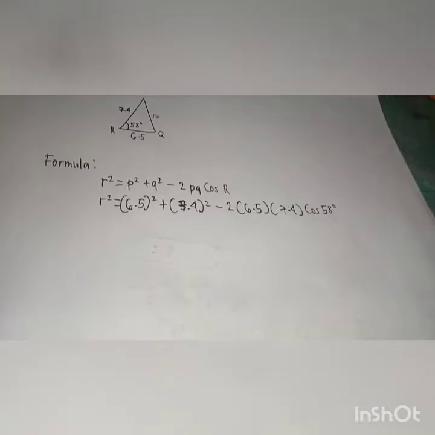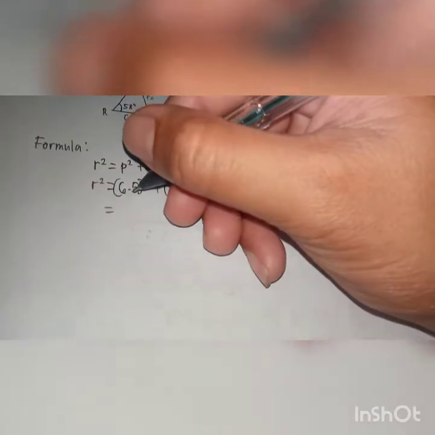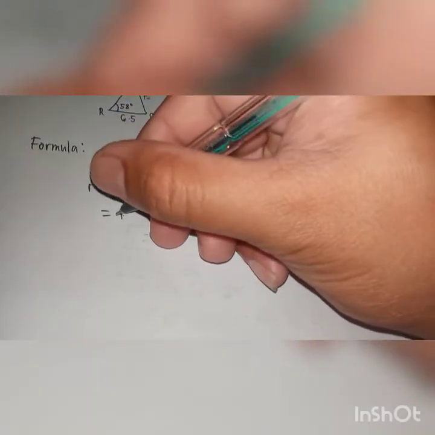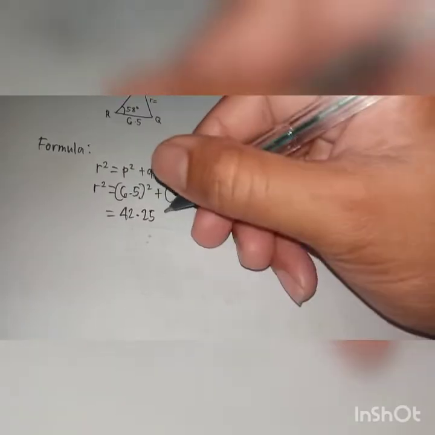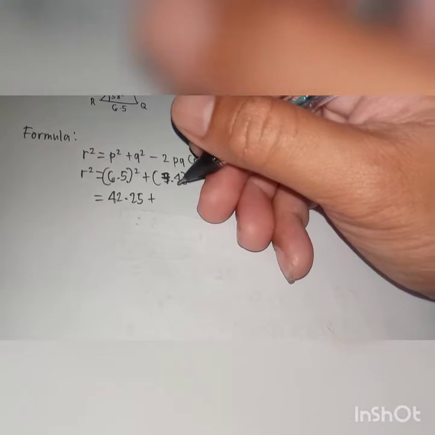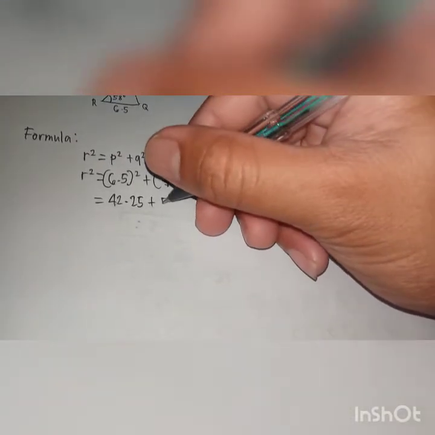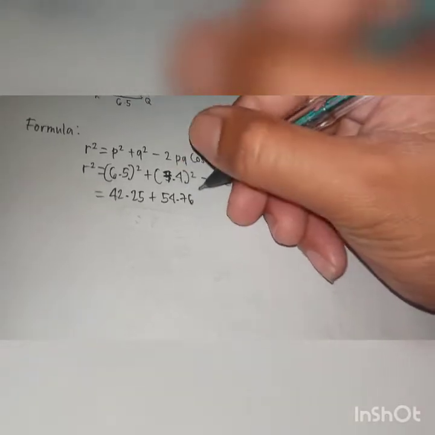So the square of 6.5 is 42.25, plus the square of 7.4, which is 54.76.